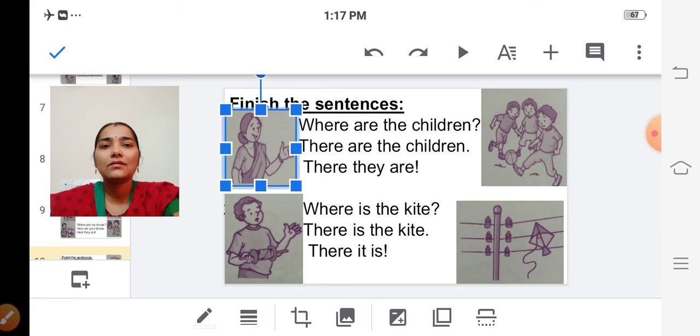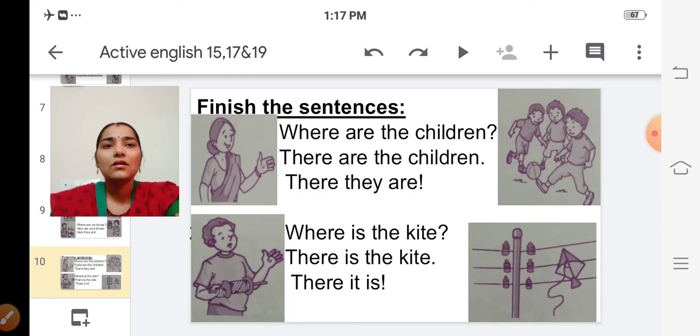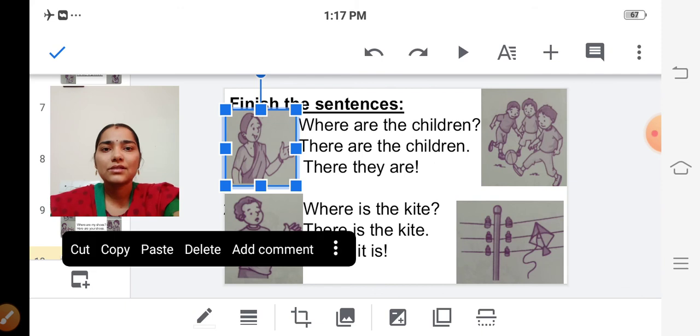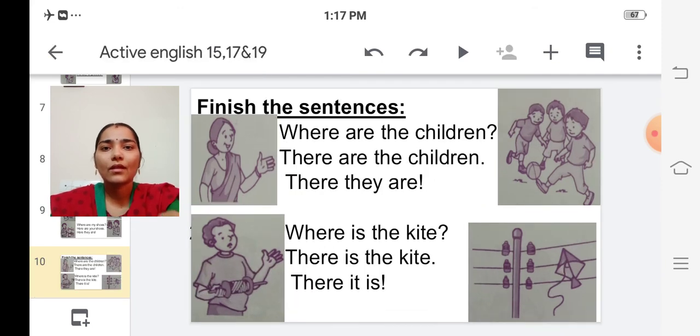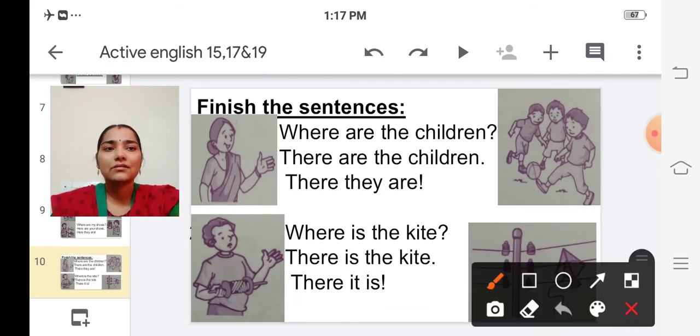See, look at the first picture. One woman is there. Someone is asking, where are the children? And she is answering because she looks at the children, isn't it? So she is answering, there are the children.